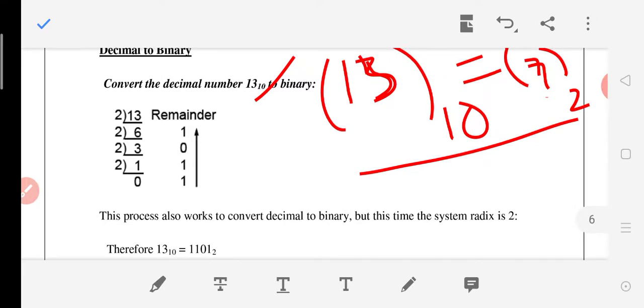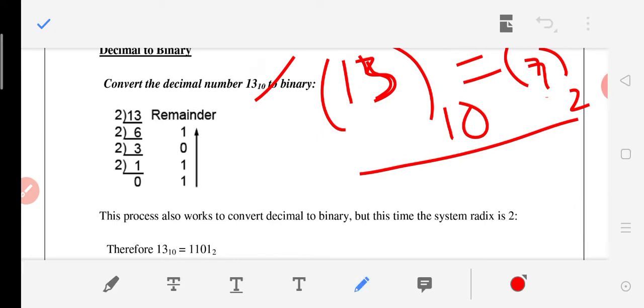We want the binary equivalent of a decimal number, so we take the decimal number and divide by 2. Simple logic.